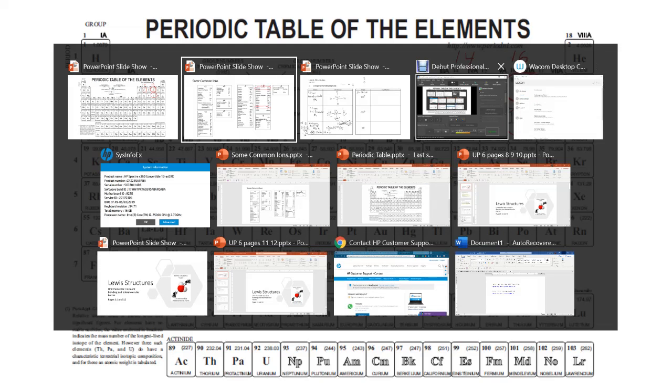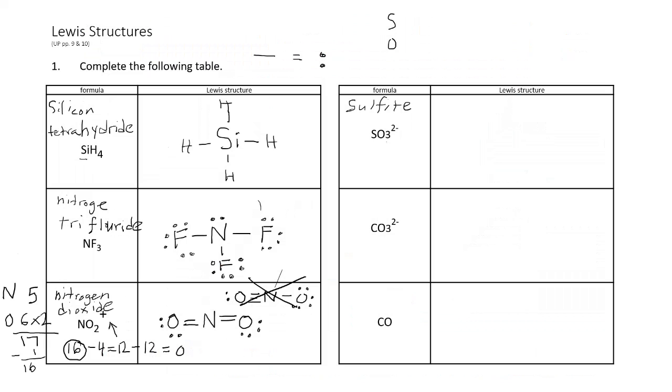So what that means is that each sulfur and each oxygen brings in 6 valence electrons. The sulfur brings in 6, the oxygen brings in 6, but there's 3 oxygens, so I have to multiply that by 3. So 6 times 3 is 18, plus 6 is 24.